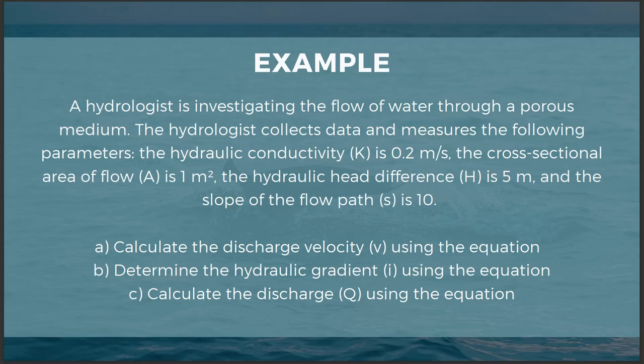So, 0.2 times our H of 5 divided by 0.2, times area, 1. So, the answer is 5 cubic meters per second.